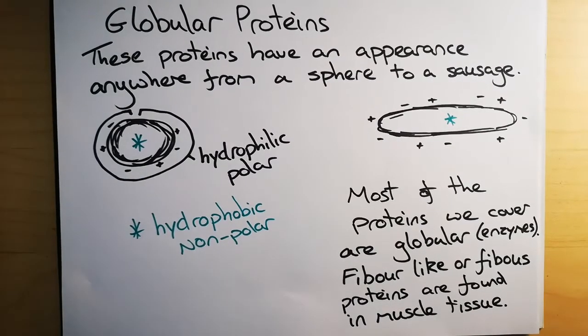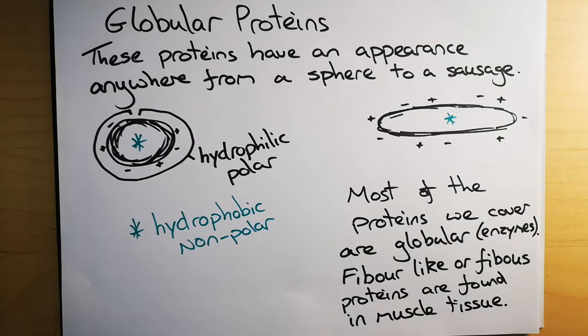Okay, so globular proteins. I always found this a little bit weird. We've got lots and lots of different ways of talking about proteins, and really this is a way of talking about almost half of the types of proteins we've got. We've got globular proteins and fibrous proteins, and a whole spate of things in between.